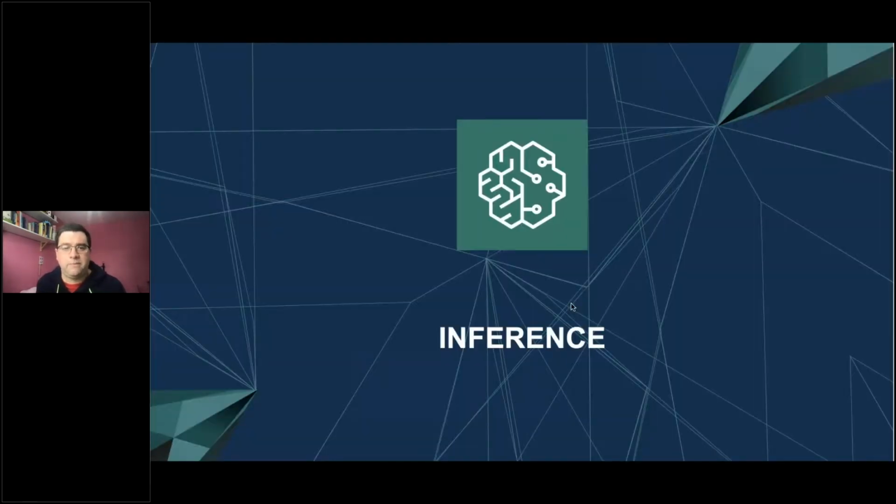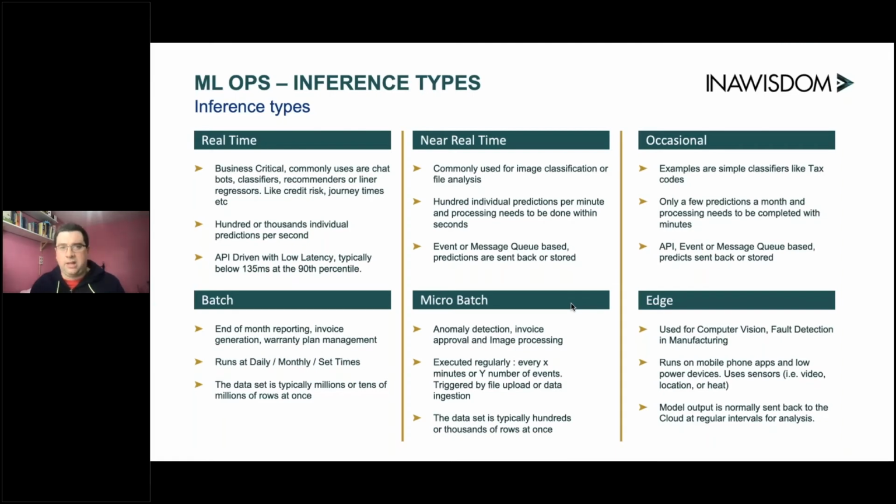Now, inference. There are many different types of inference, and I could talk about each one all day, but the one we're going to talk about today is real time, and near real time. Batch itself is a different way, but it's important to understand how your workload is going to be used, and that reflects your decisions when it comes to some of these things.